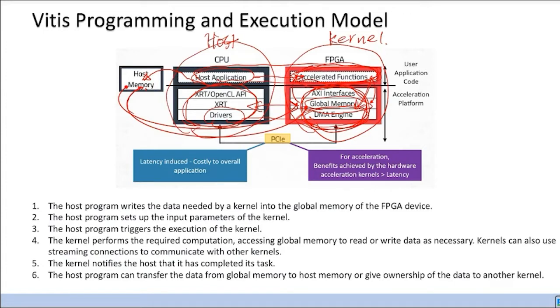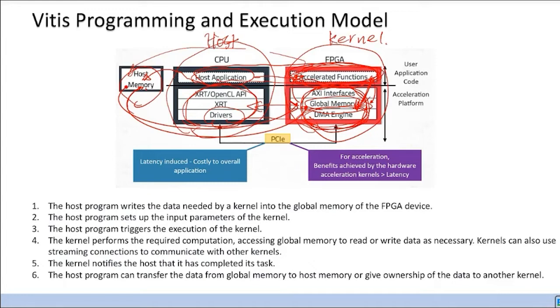When the kernel starts executing, it only operates on the global memory. The kernel function does not write to system memory, the host memory. So you have to prepare all data and move it to the global memory first. Remember, the kernel function does not directly access the host memory.